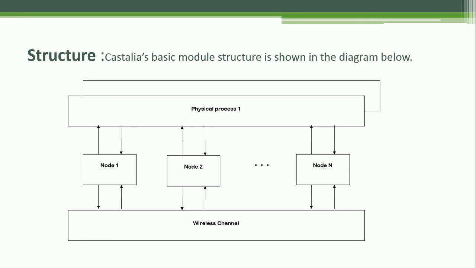The low layer is the wireless channel, the first layer, and between the start layer and end layer, it's the nodes. Nodes are not connected to each other but are connected through the wireless channel, and nodes are also connected through the physical process. This is the structure of Castelia.